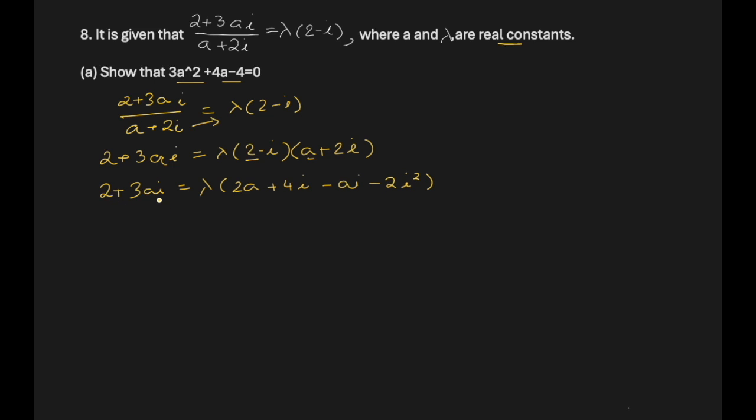Okay, it has a real part and an imaginary part. Let's keep it like this, but here we can separate. This is the real part, and this will also become a real part because minus 2i squared will be plus 2. So this is gone, in place of this is plus 2. So 2a plus 2.